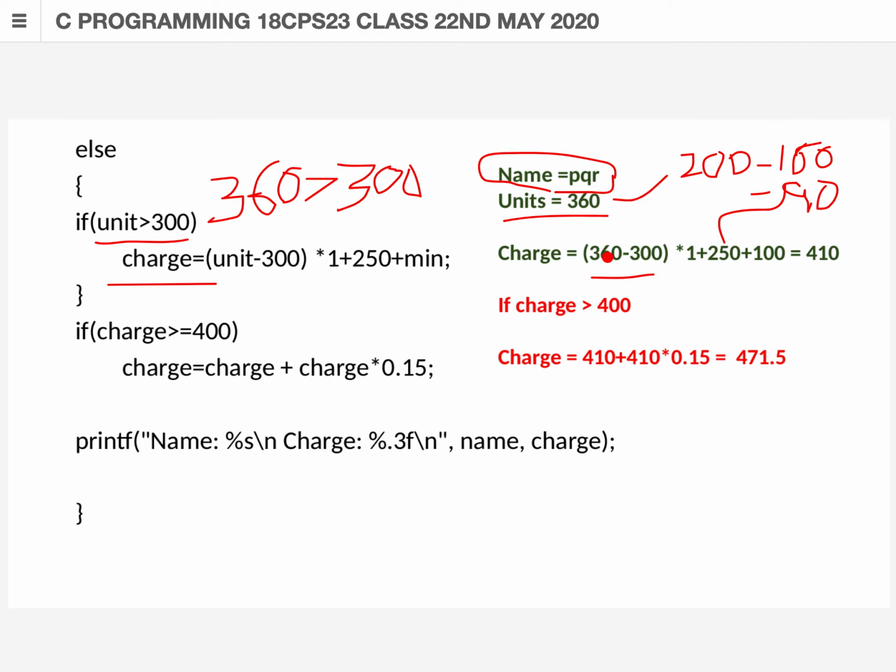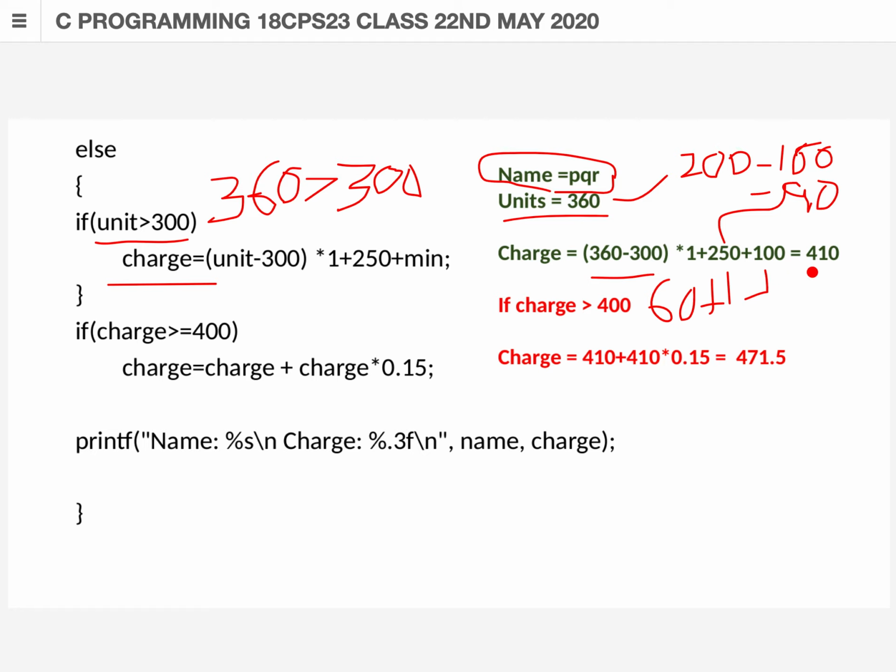Then we have to check for these 60 units to be calculated. 60 into 1, that value we will get as 60, the difference amount. So 60 for more than 300 units, plus this 250, plus the minimum amount, which is mentioned by default in the question as 100.